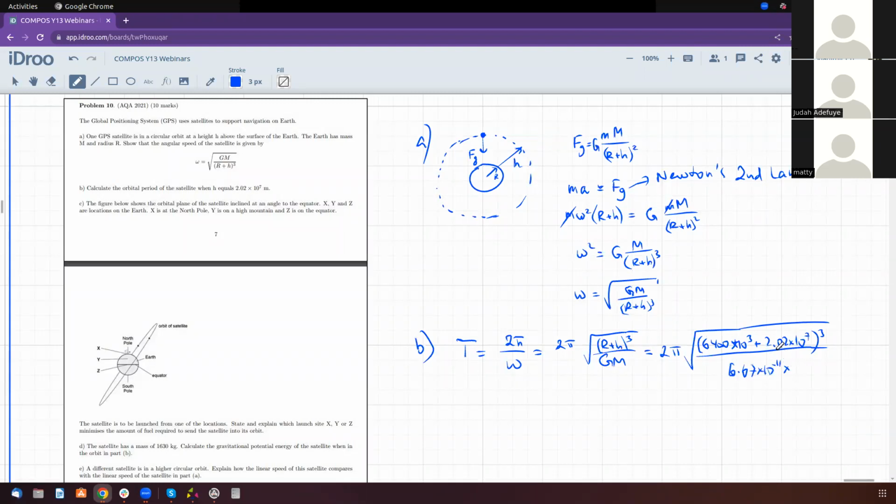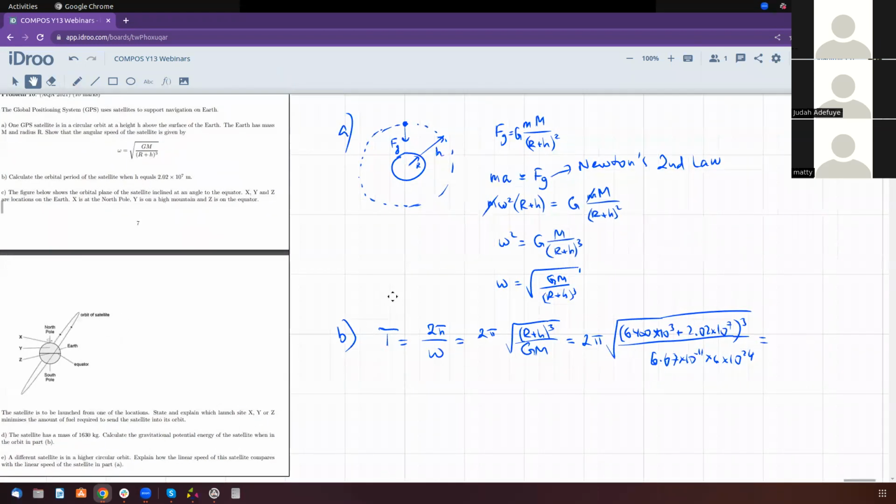Mass of the Earth, I believe, is 6 times 10 to the 24 kilograms. And you get a number which I assume is going to be very close to 24 hours.